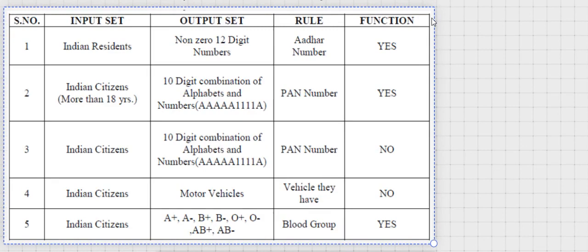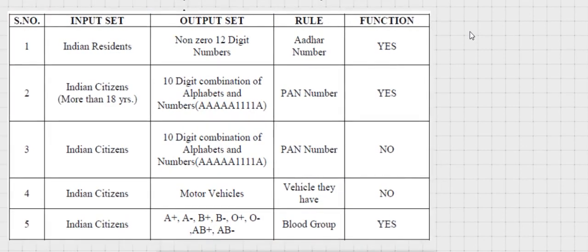Let us discuss the real-time examples one by one. I am taking the input set as Indian residents. The output set is non-zero 12-digit numbers. Now I am defining the rule.